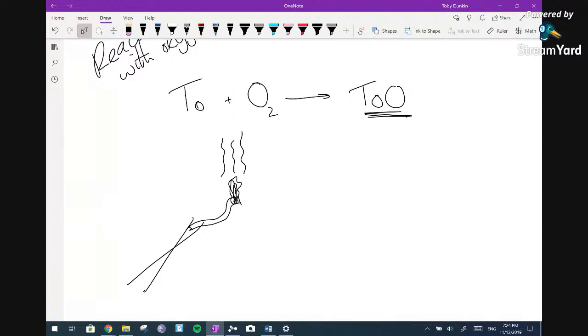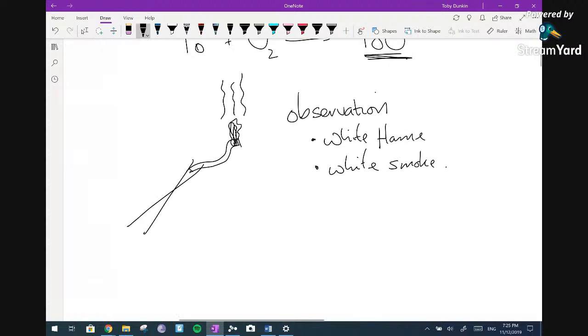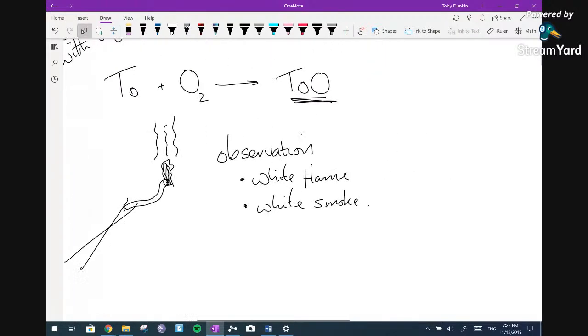Because really, there's only two scenarios. The observations are either white flame, or bright white flame, either one, white smoke, and that's the first observation.